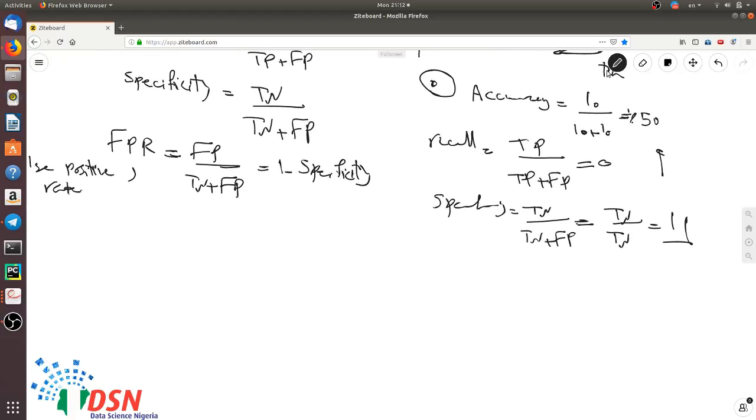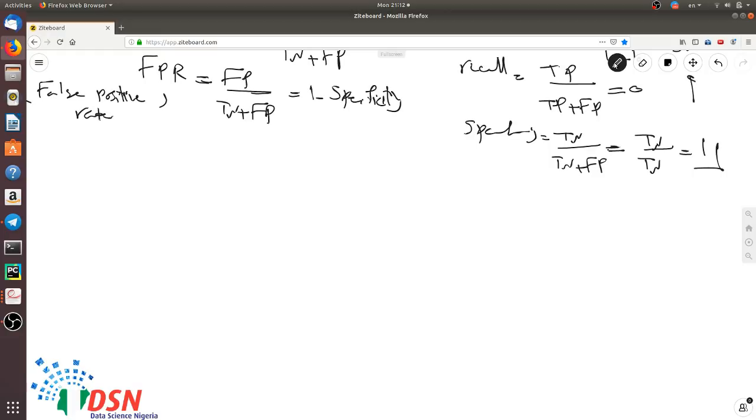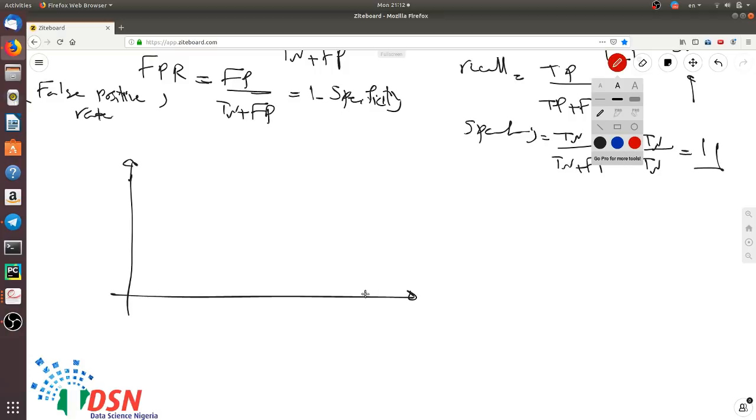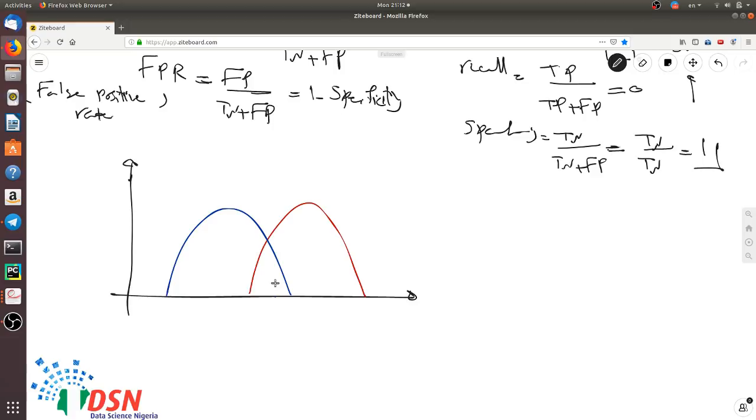Okay, to show the true positive, true negative, false positive and false negative, we can see them on a plot. Again, let's say the distribution of positive data is something like this, and for negative data we have something like this. And let's say this is the threshold of the classifier.